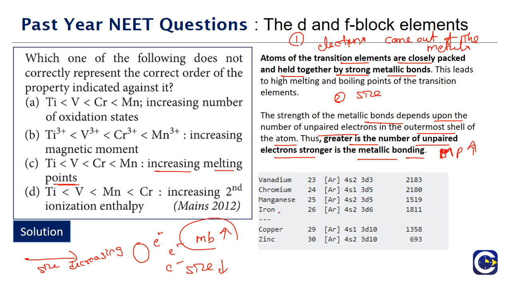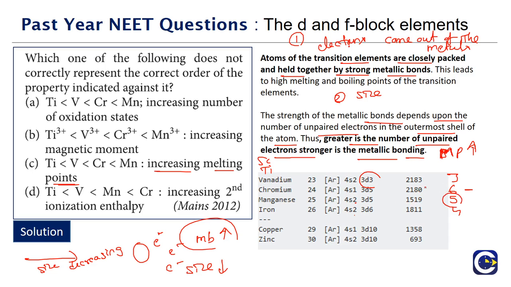If you look at it, what we observe is, when you move from scandium to titanium to vanadium to chromium to manganese, here the number of unpaired electrons is 3, here it is 6, here it is 5, here it is 4. So initially, up to chromium, the number of unpaired electrons is increasing, and at manganese the number of unpaired electrons is decreasing.